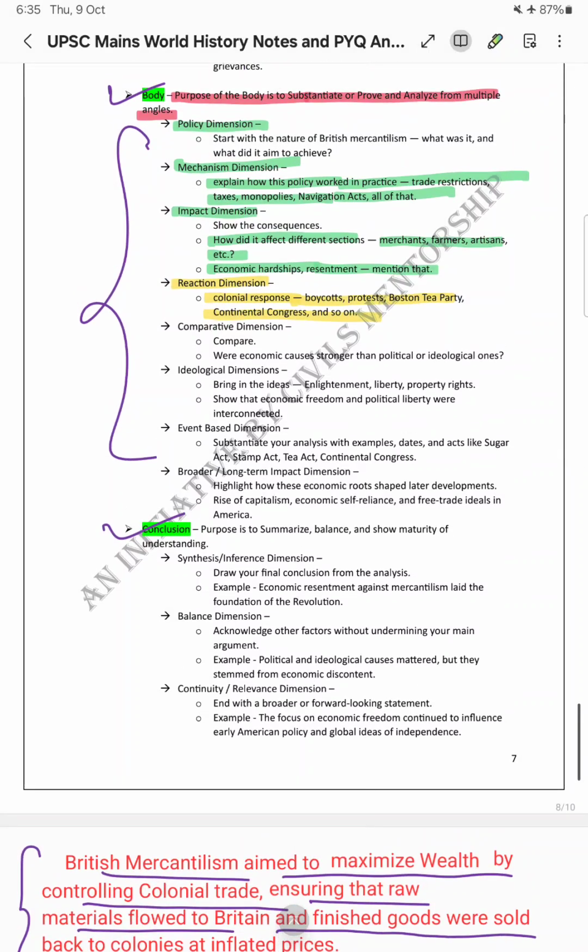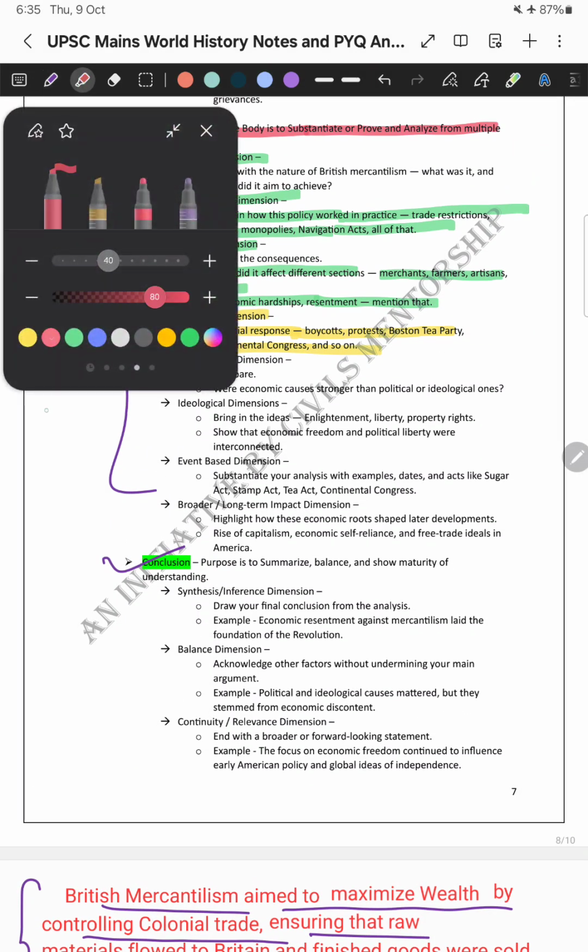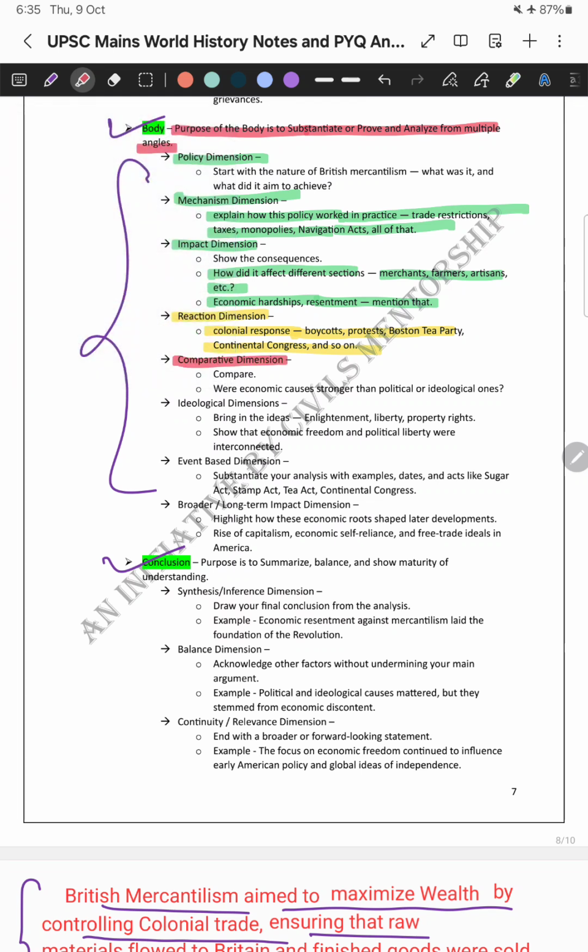Now next comes the comparative dimension. Now what does this mean? Comparative dimension means you are comparing. As I mentioned initially, they have given that it's the economic factor because of which the revolt occurred. But why mention only the economic factors? We can show how the economic factors were the main reason as compared to the ideological or political factors.